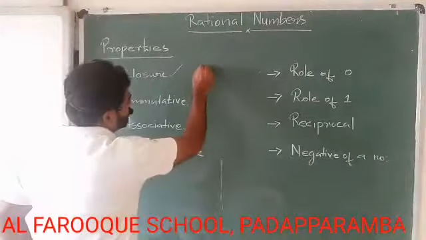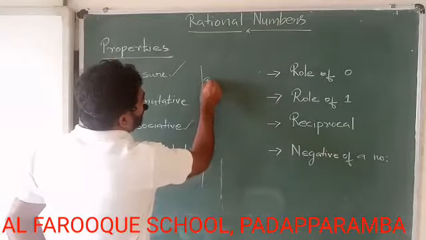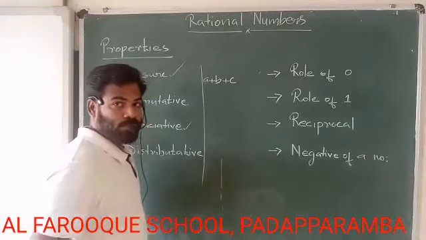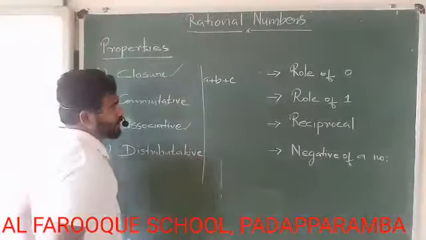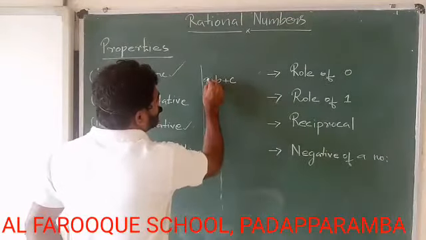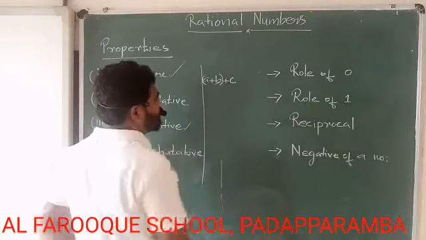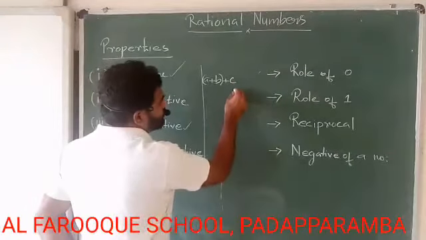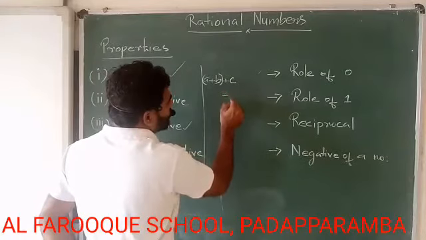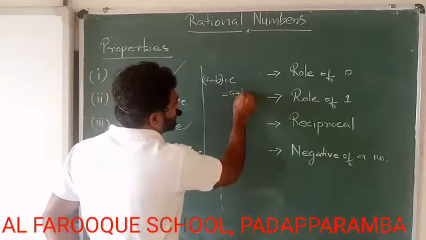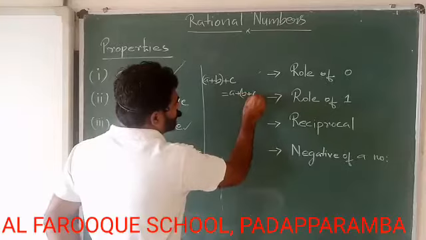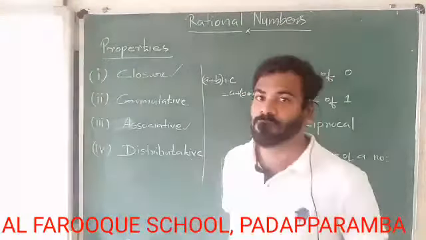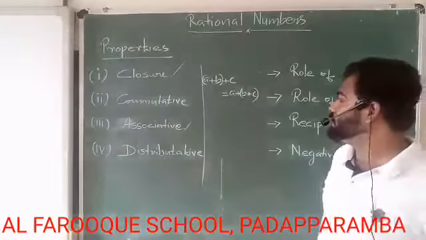For example, A plus B plus C. Associative property says that if we add A plus B and the sum, that is A plus B plus C, is equal to A plus B plus C, then we can say that rational numbers are associative under addition.